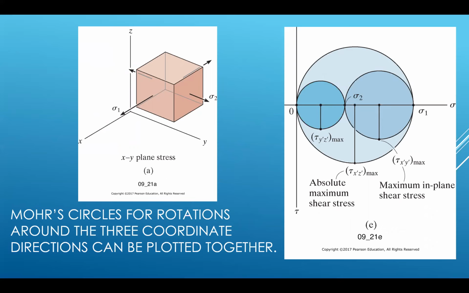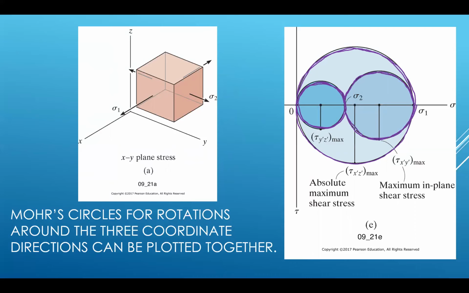The first Mohr circle that I drew was this one here that connected 0 and sigma 2. The second one was this larger circle that connected sigma 1 and 0. And then the third one was this circle here that connected sigma 1 and sigma 2.